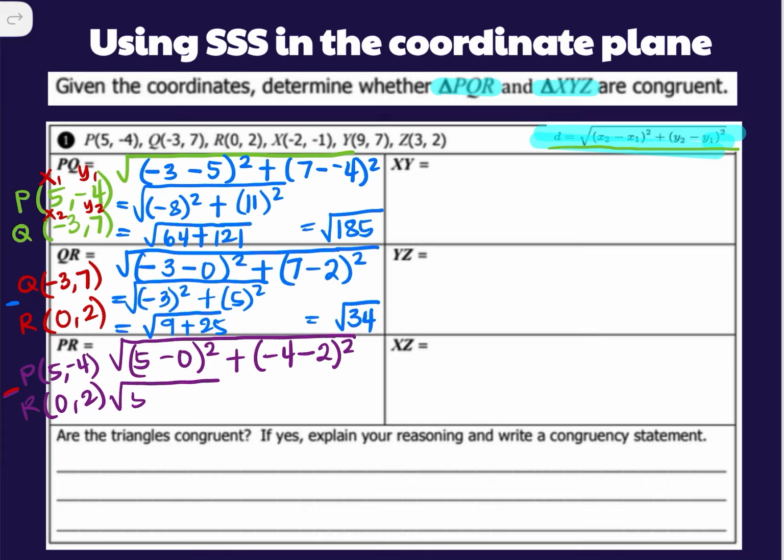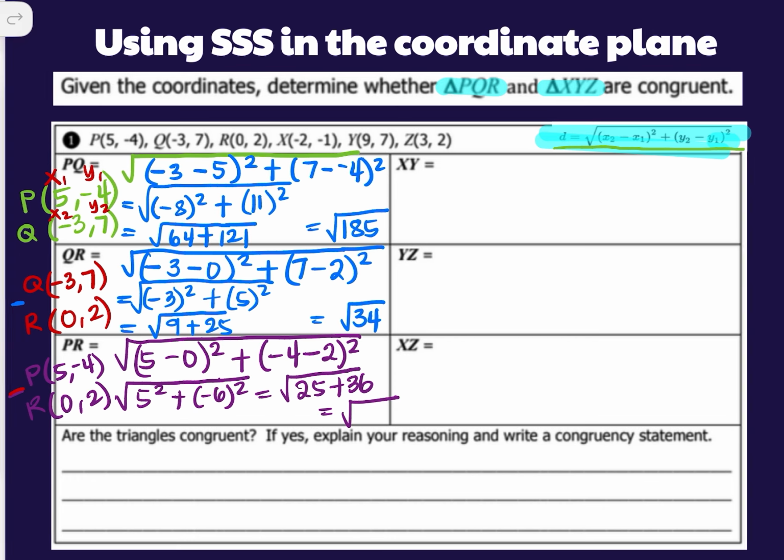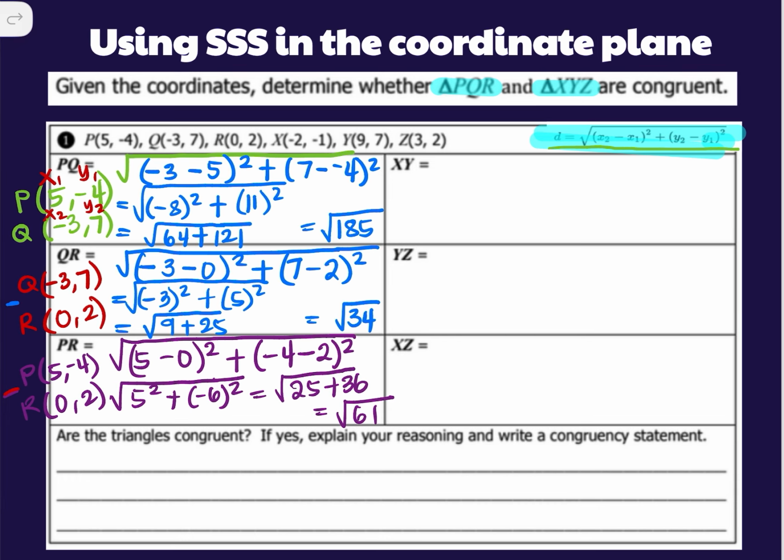This will give me 5 to the second power plus -6 to the second power. Simplifying this will give us the square root of 25 plus 36, which is equal to the square root of 61. Let us move on to the next one.